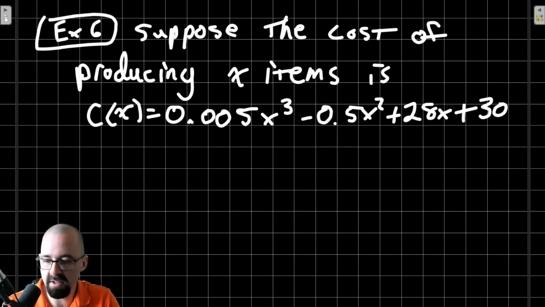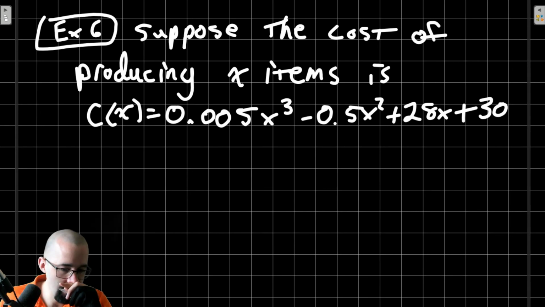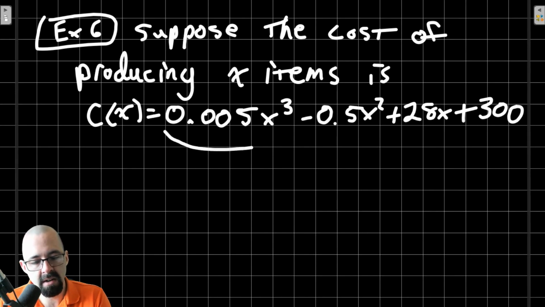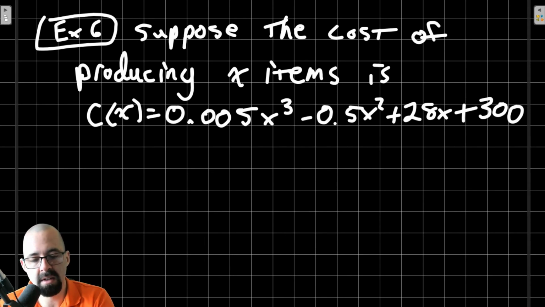So suppose we have this cost function, and I'm going to ask you some things about this. But real quick, remember that the cost function is the cost of producing x units. We talked about this a while back, but that's supposed to be a 300. So these are the costs that are directly related to how much we're producing.